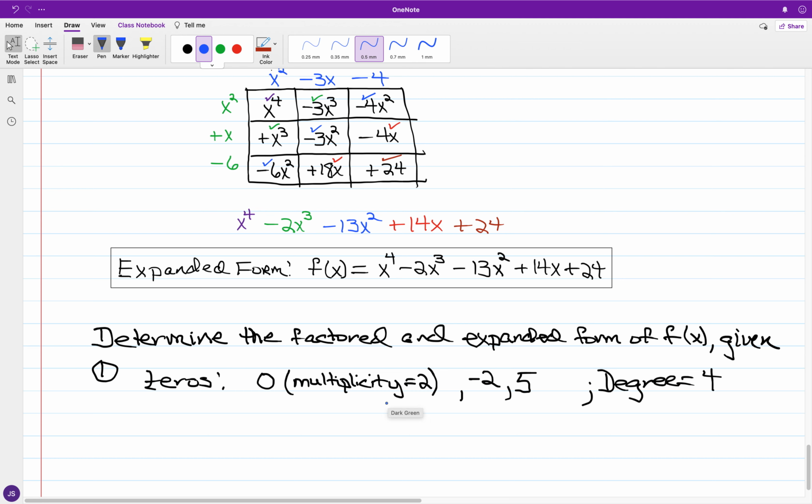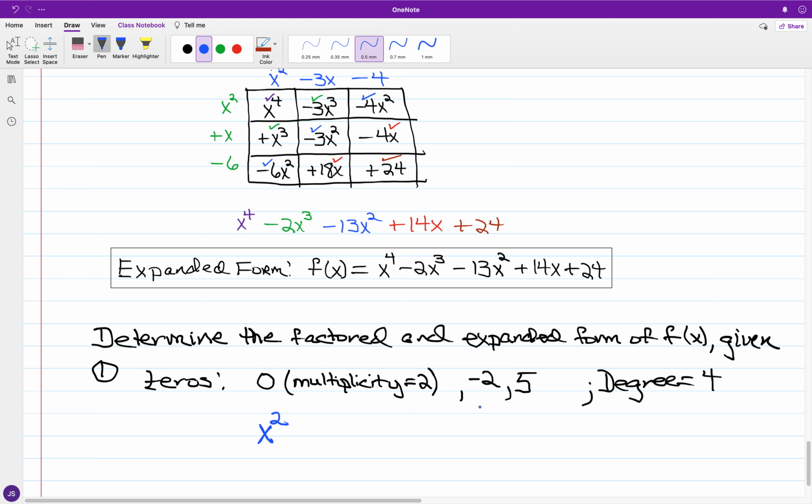Just in the case of laying the foundation, we start with initiating the factors. Corresponding to 0, we just have the letter x to represent 0. But now, with a multiplicity of 2, x corresponds to 0 with 0 having a multiplicity of 2, so we have not just x, but x to the second.